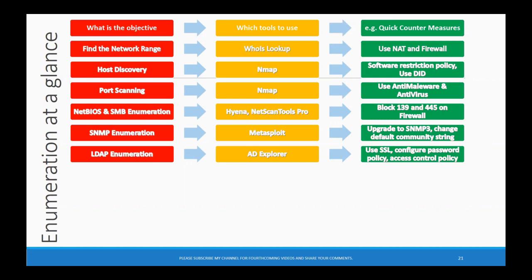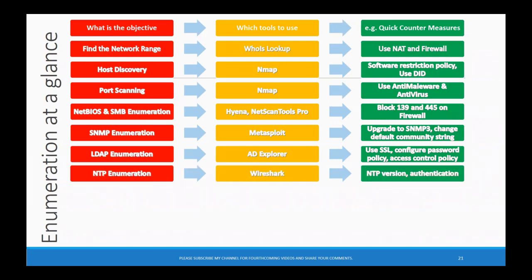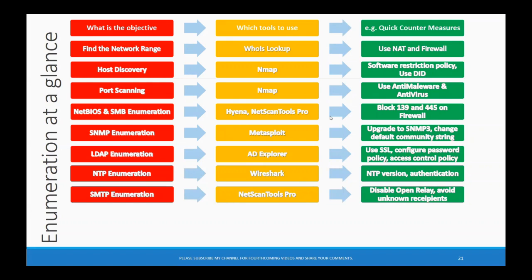These are the protection options for LDAP enumeration. Next is NTP enumeration. We use Wireshark. In Wireshark, we can sniff the packets which are synchronizing for NTP. Here also, we can upgrade the NTP version. Then we can configure authentication to secure our network from NTP enumeration.